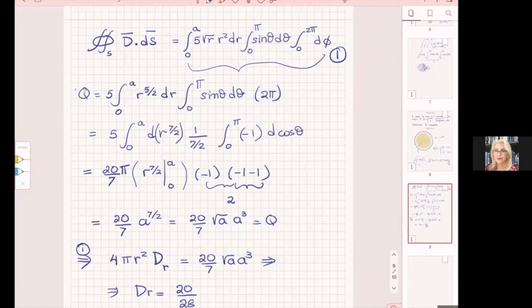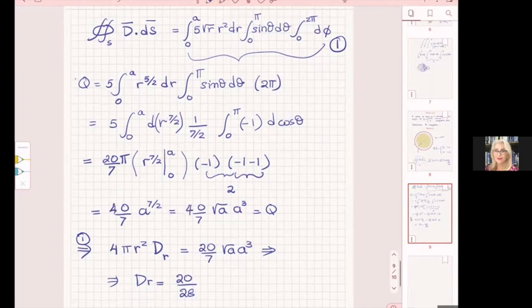And so 40 here. Okay, so practically I needed another 2 pi here, times 2 pi. All right, so this and this gives a 2. And then I change that to 10 over 7.